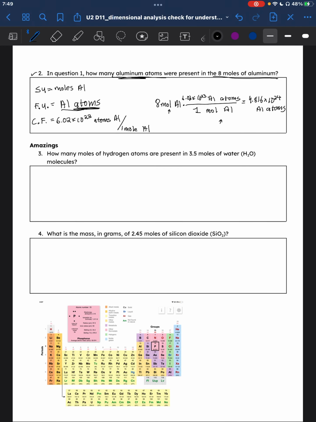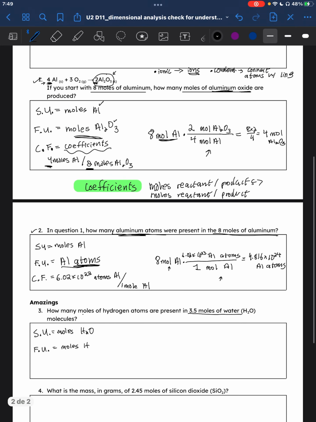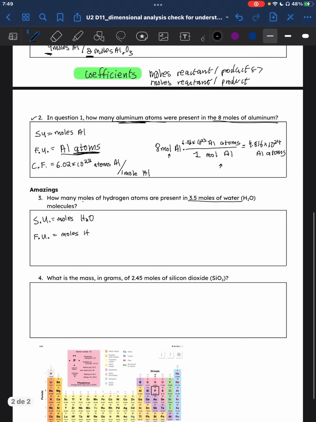So, how many moles of hydrogen atoms are present in 3.5 moles of water molecules? My starting unit is moles of H2O. My final unit is moles of just H. Notice, unlike here, I don't have a chemical reaction. I just have a single compound.